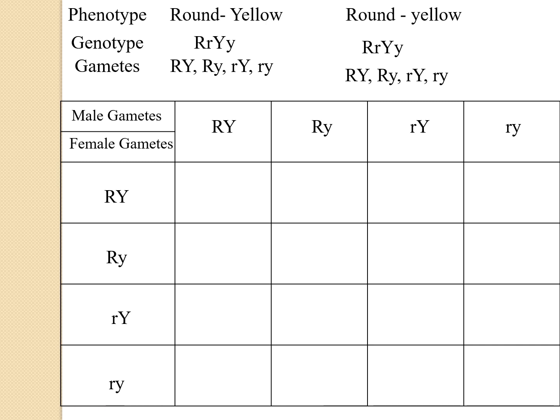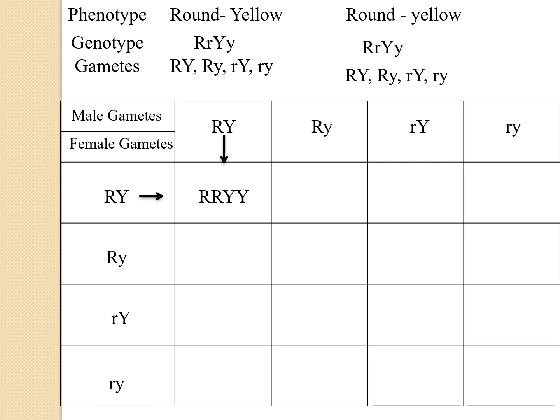Now similarly, how you did it for the monohybrid cross, same thing you have to repeat for the dihybrid cross also. So here I'm going to start with the male gamete. My male gamete is capital R, capital Y. That's my first male gamete. I will cross it with the first female gamete. So here I get the product capital R, capital R, capital Y, capital Y. Now as I told you in monohybrid cross, the sequence does not matter.